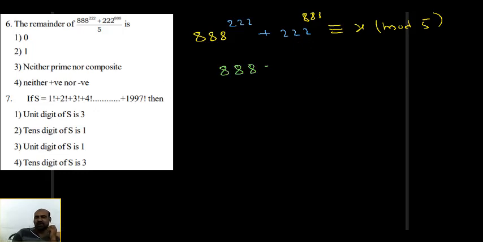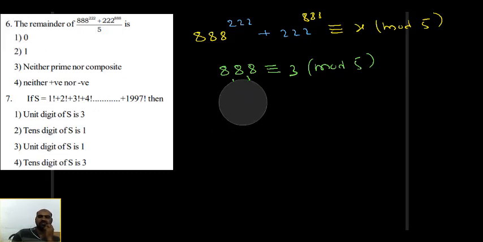8 is congruent to something modulo 5. To divide: 8 ones are 8, remainder 3; 5 ones are 5, remainder 3. So I can say 8 is congruent to 3 modulo 5.